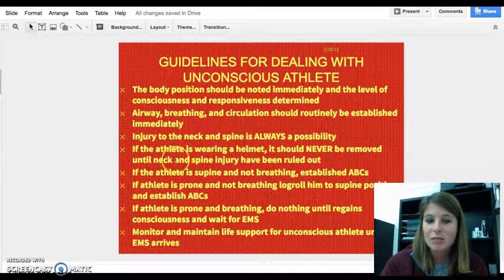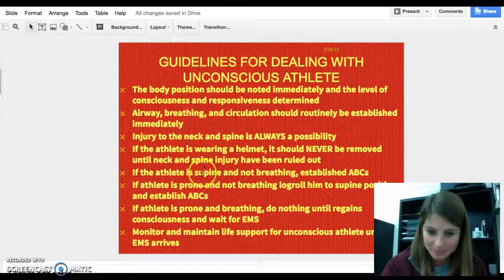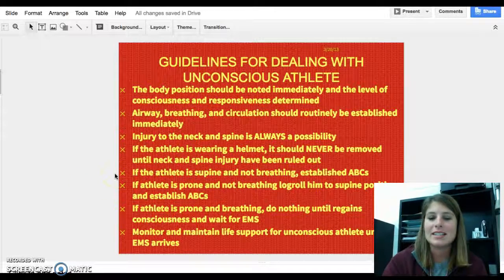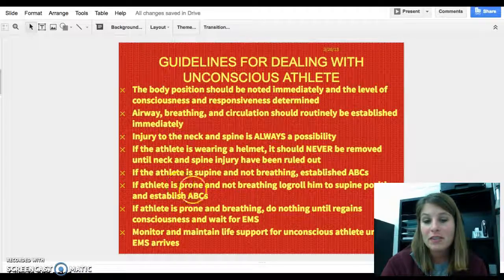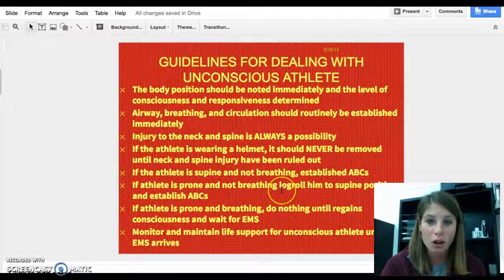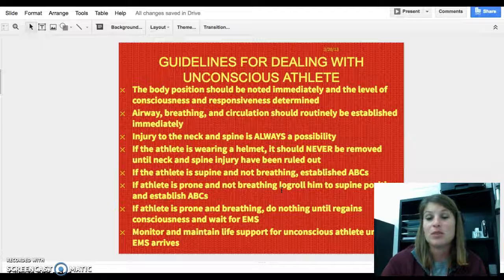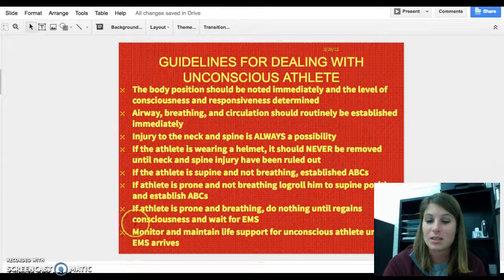Okay. When you see the word supine here, if the athlete is supine and not breathing, you want to establish ABCs. Supine is going to be laying on their back. That's the best case scenario. But if you see them prone, which is laying on their belly, you do have to do what we call a log roll, okay? And we're going to practice this in class. You do have to log roll the victim over in order to be able to get to their mouth for establishing those ABCs.